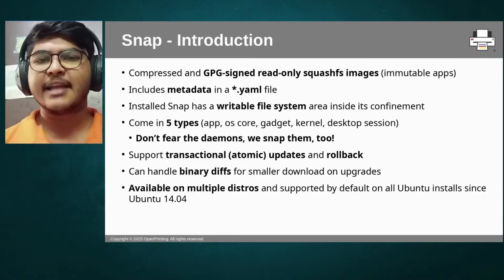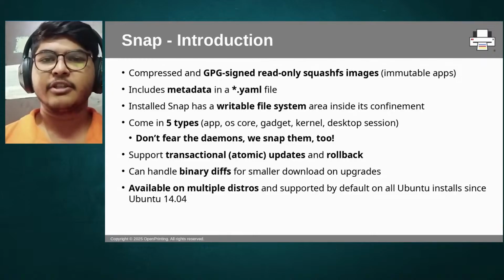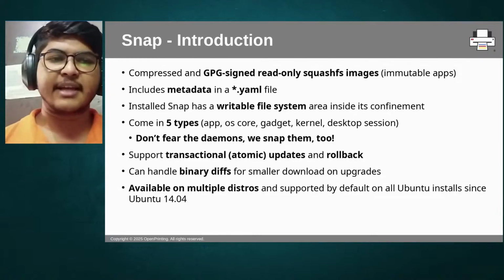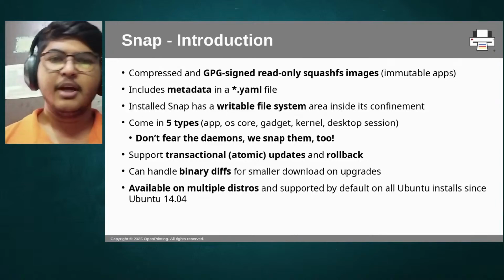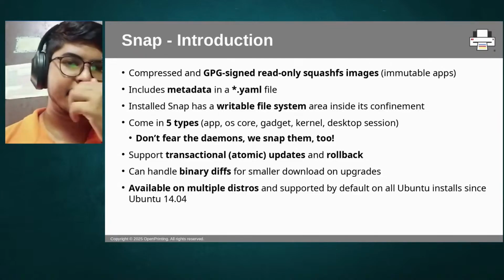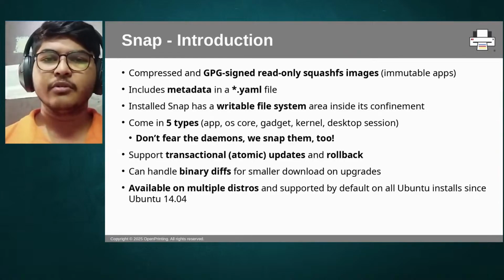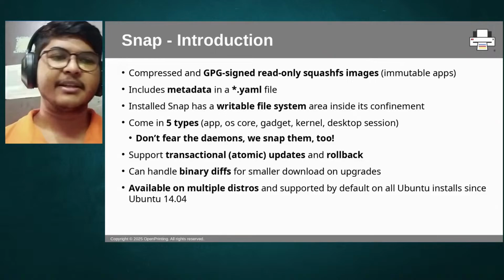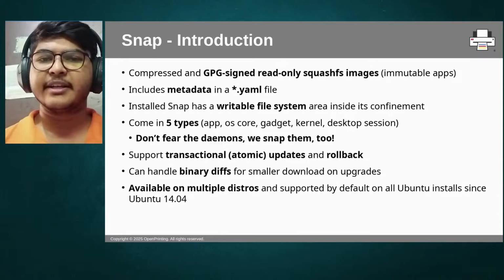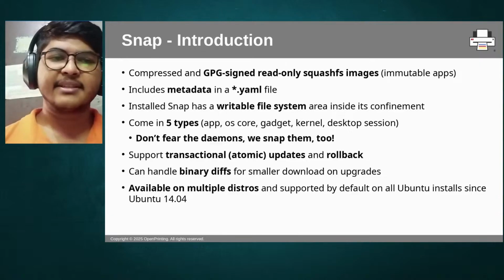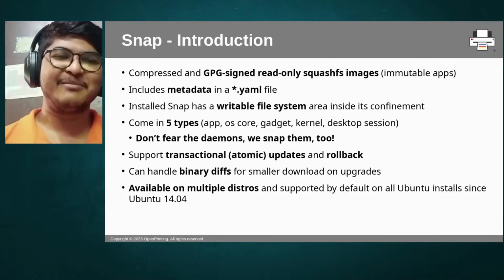The application snaps, which we generally use for general purpose use cases. And of course, OS snaps: Ubuntu Core, for example, the gadget snaps, kernel snaps. That's how in Ubuntu Core we are able to snap the complete kernel. And of course, desktop stations: we have been able to create GNOME and KDE desktop stations with it as a snap. And as Till said again, daemons, we have snaps for them too.